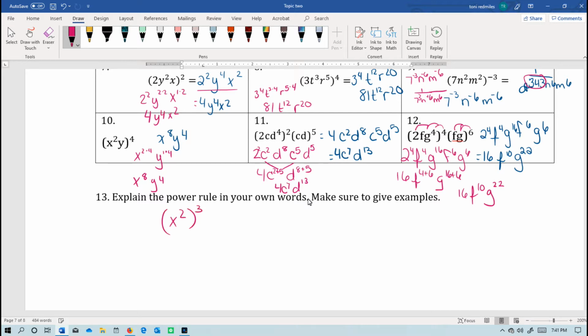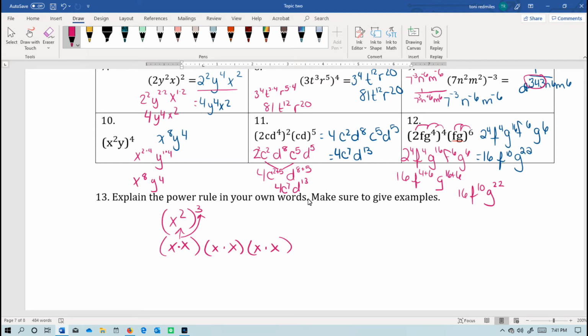So basically what the power rule is doing is expanding the multiplication. And then that is what's inside the parentheses, right? And then I have to do that 3 times. So it's expanding the multiplication multiple times. Okay? It's taking something that's already repetitive multiplication and making it even more repetitive multiplication.